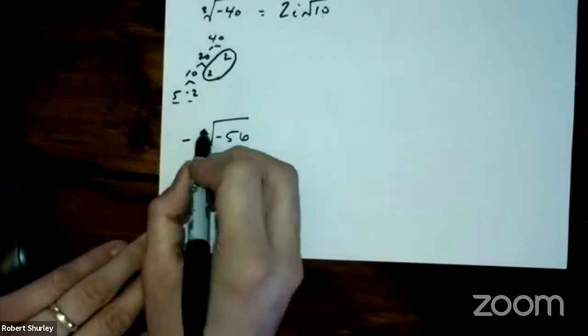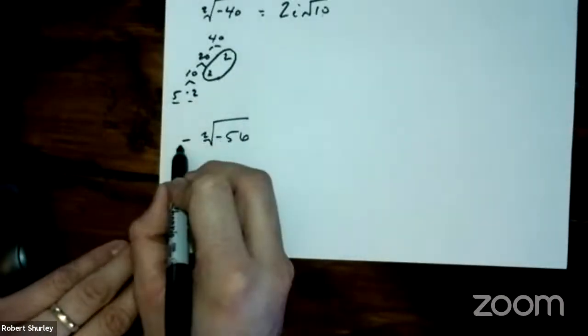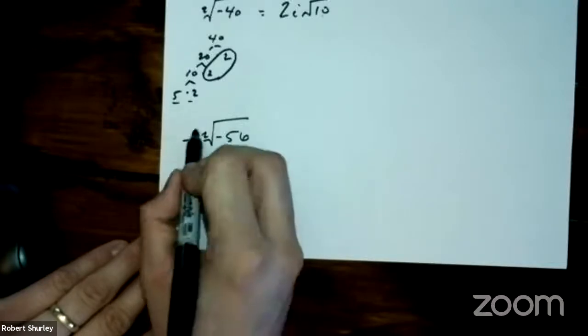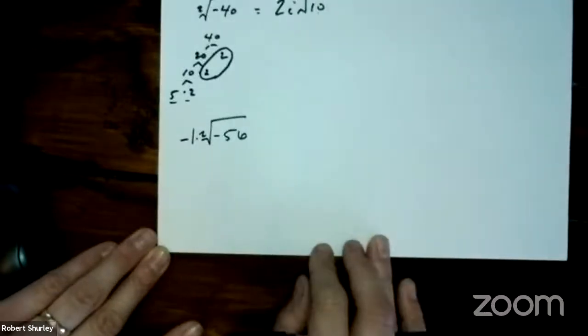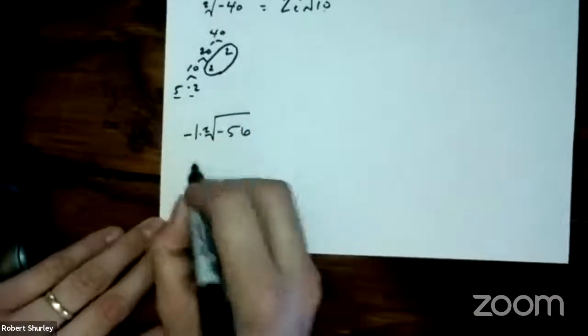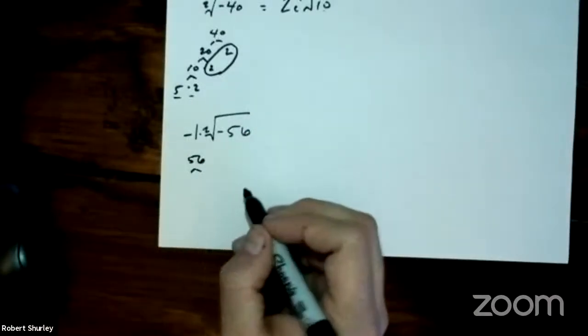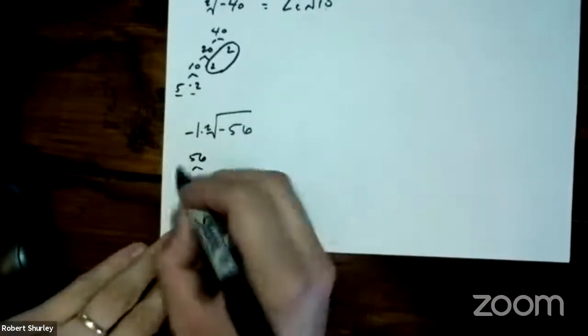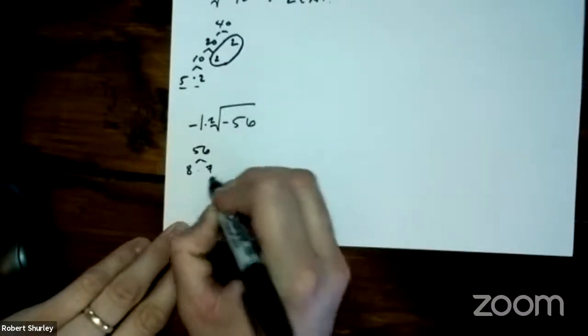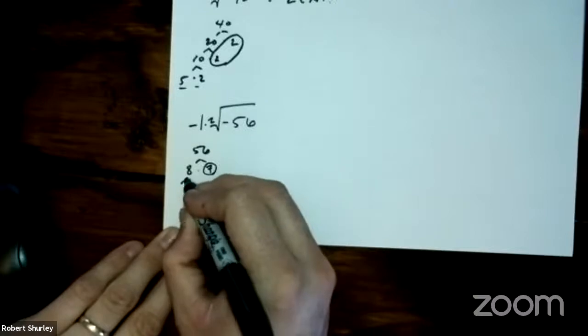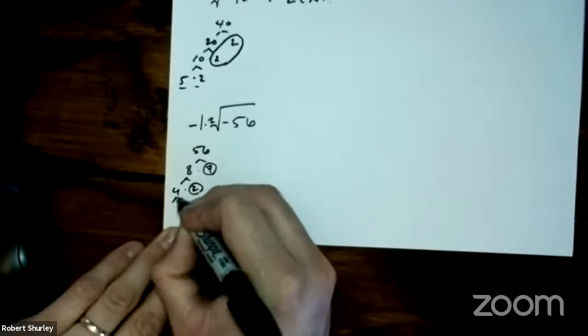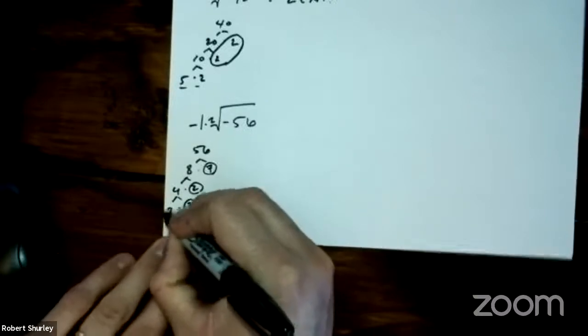So again, it's a square root, so I know it's going to create a negative. There's a negative already out there, so really that's like a negative 1 times the square root of negative 56. So I've got to break down 56. 56 I know is what? 7 times 8. 7's prime, 4 times 2, 2 times 2, right?